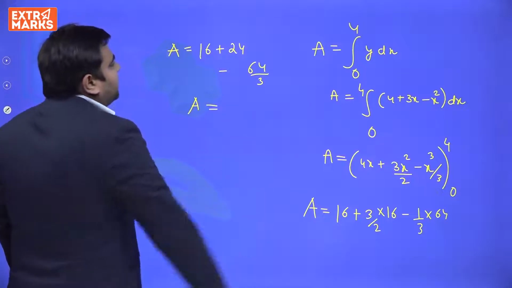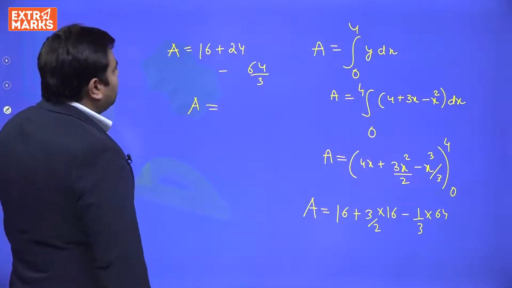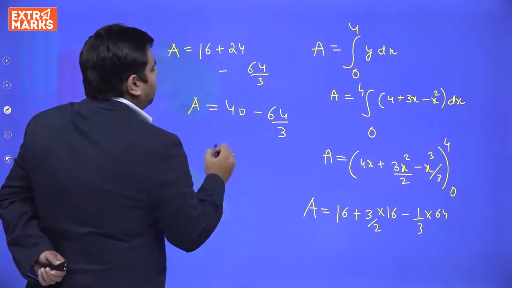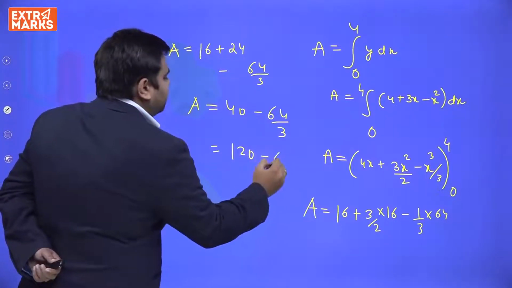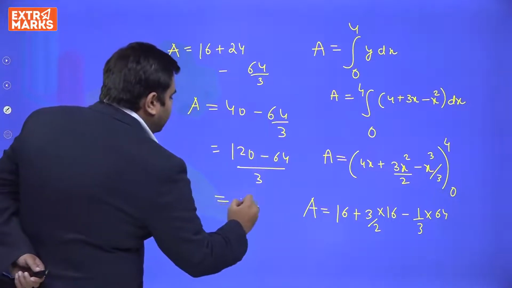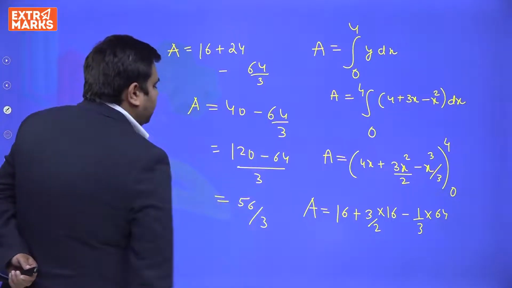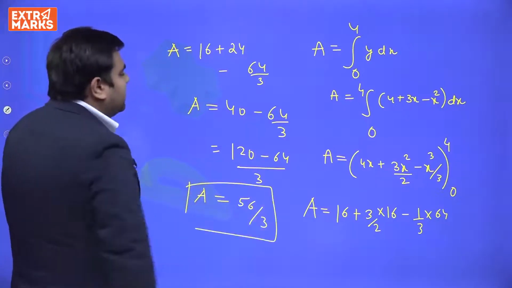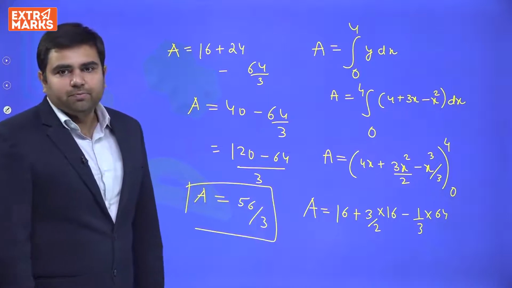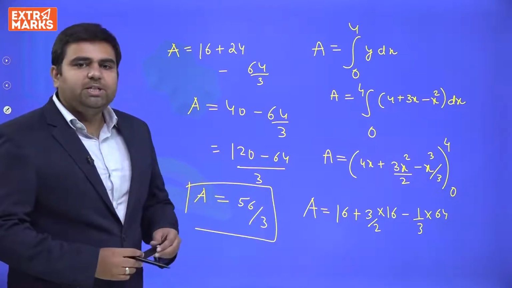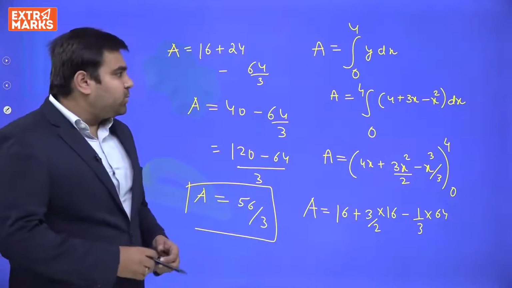That is 40 minus 64 by 3, so this is 120 minus 64 by 3. This will come out to be 56 by 3, right? So this is the final area obtained.